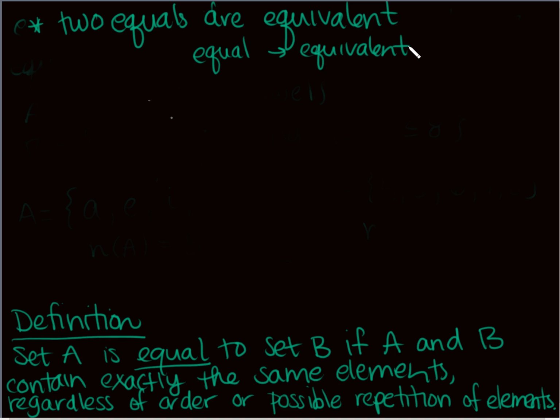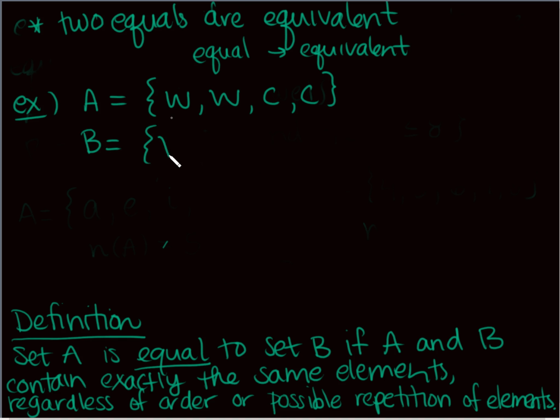So like the one we just did where I had the set of vowels and the set of numbers, those are equivalent sets, but they're clearly not equal because the elements aren't the same. So for example, let's say that A is equal to {W, W, C, C} and B is equal to {W, C}.